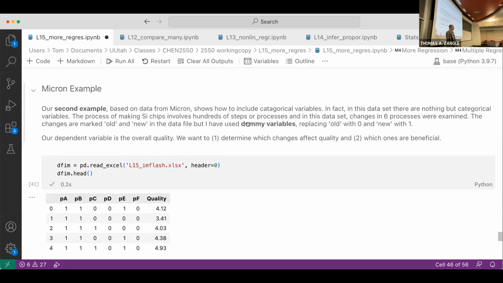Which processes should you update? Which processes should you keep with the old one because the old one was better, right? So this is a case where, again, we have now not just 2 inputs like we had in the previous example, but we now have 6 inputs. And we have our output. And so we can use multivariable regression in order to try to get a handle on what's going on in this data.